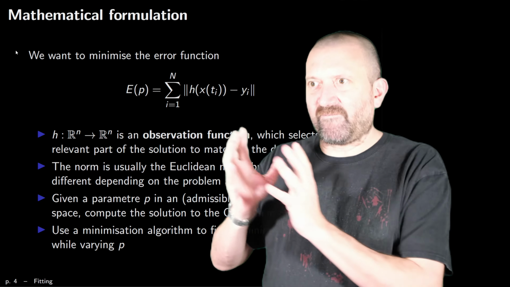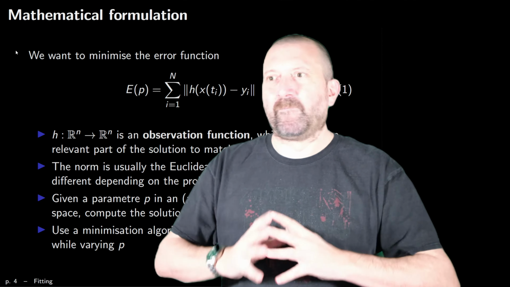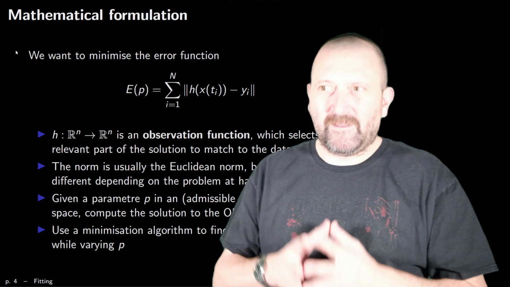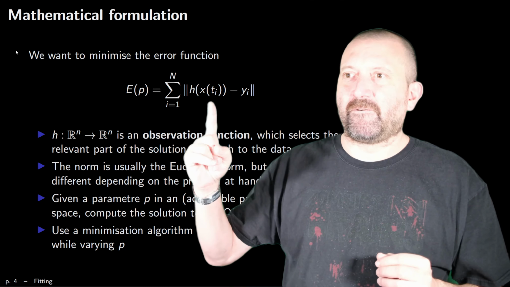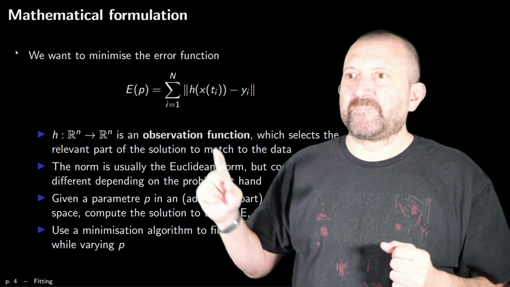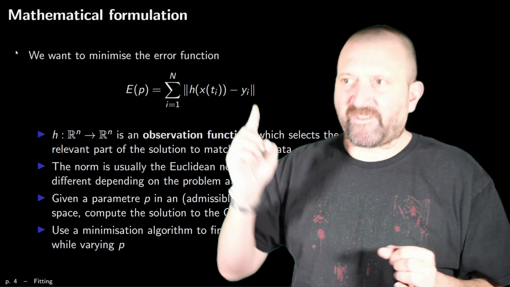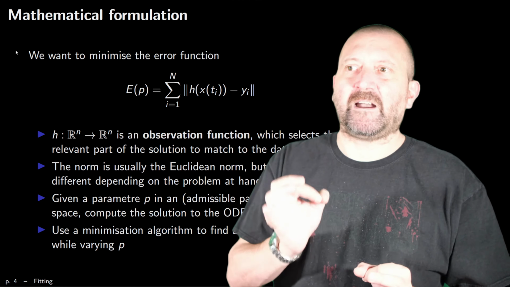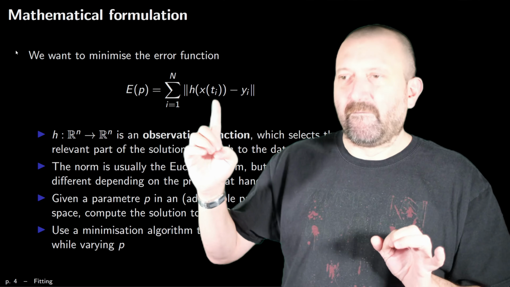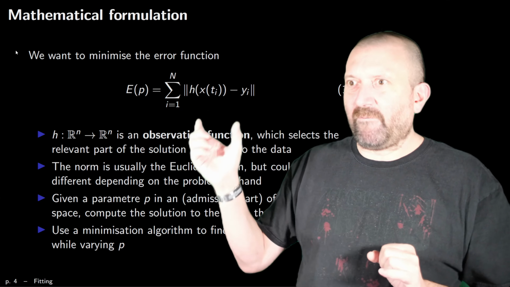Remember, the ti, yi are the given data points, what we have measured, what our experimentalist colleague, or whoever is giving you the data, actually has measured. This way we match the data points to the output of the system. Then we take the difference between the output of the system at those prescribed times for which we have measures, the observable ones, and we take some norm of this difference.